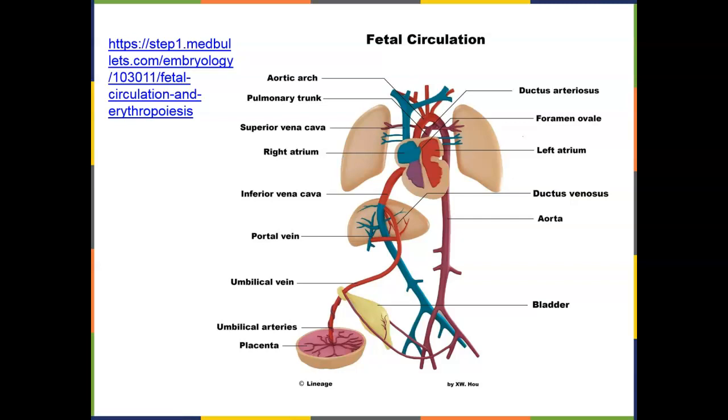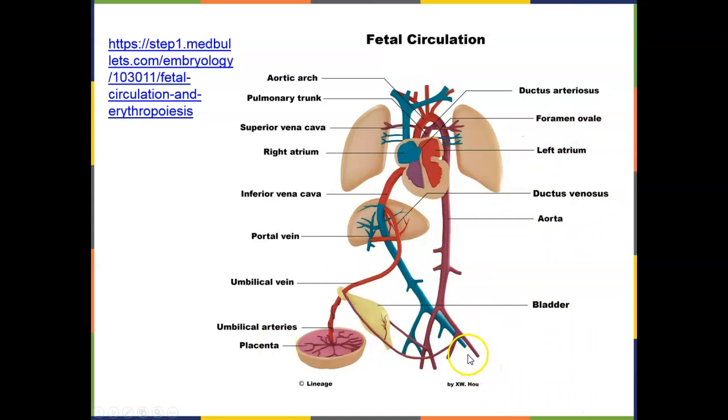And so nothing happens in the lungs. The majority of this blood that enters the pulmonary trunk is going to be shunted over to the aorta via the ductus arteriosus. Now we have all this oxygen-mixed blood that moves out into our system and delivers nutrients.